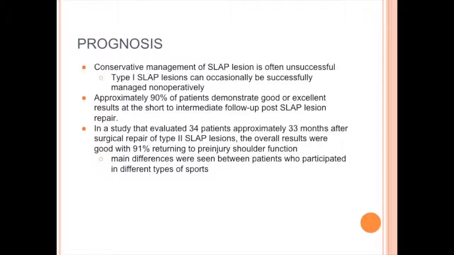In a study that evaluated 34 patients approximately 33 months after surgical repair of type 2 SLAP lesions, the overall results were good, with 91% returning to pre-injury shoulder function. The main differences in this study were seen between the patients who participated in different types of sports.